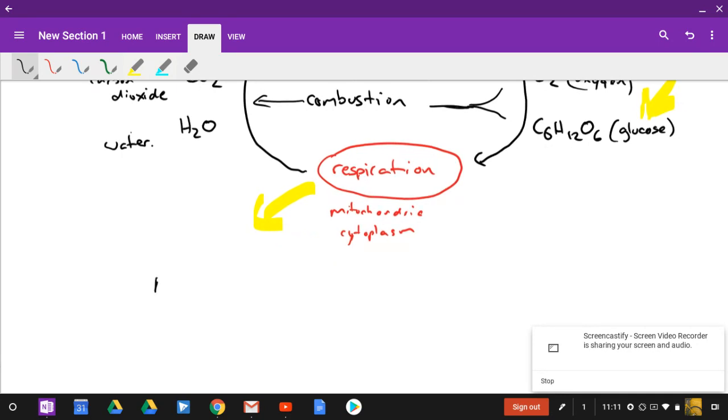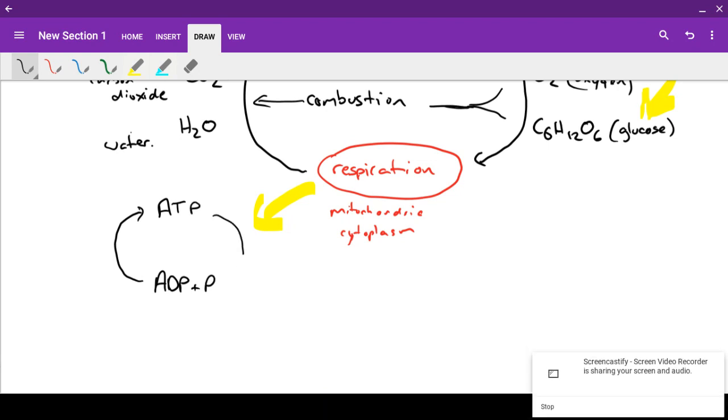So what we have is ADP, which is adenosine diphosphate, plus an extra P, which is another phosphate. And the ADP takes the energy from the sugars from respiration, and it converts it into ATP. Okay, and so we have a cycle here.